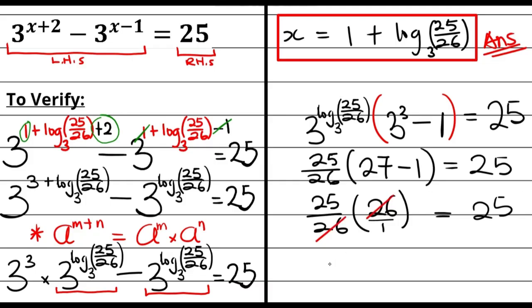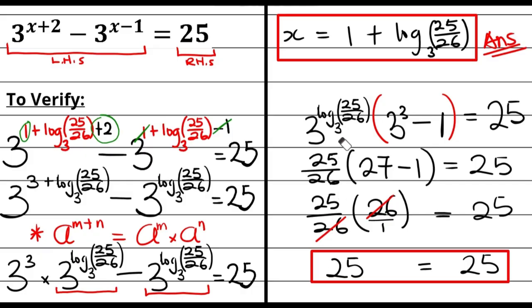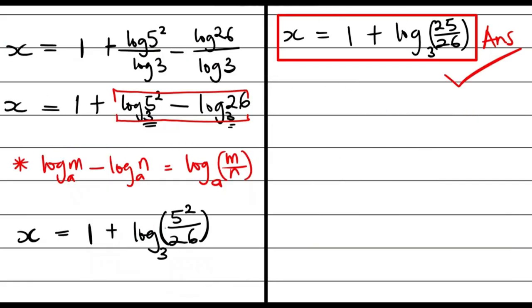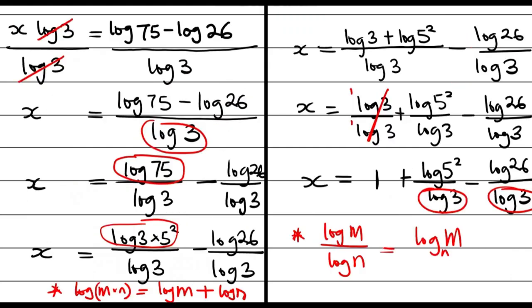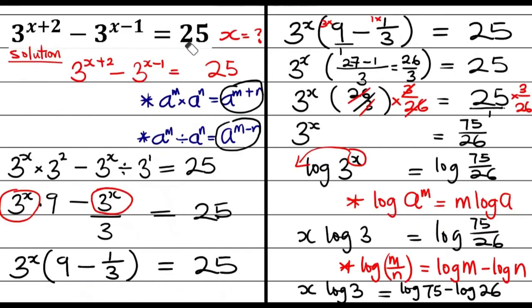So if we write that, we can see that this 25 is the same as this 25 here, which shows that the answer we've gotten for x at the top here is actually correct, meaning that every step that we've taken in solving this is also perfect. That is from the beginning of the question, as it is from here, every step is also beautiful.